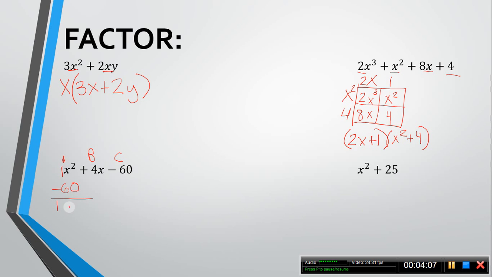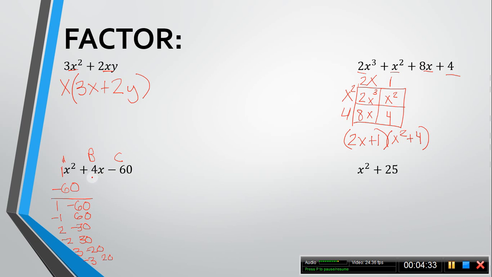So I got 1 and negative 60, negative 1 and 60, 2 and negative 30, negative 2 and 30, 3 and 20, let's put a negative on that, negative 3 and a positive 20.